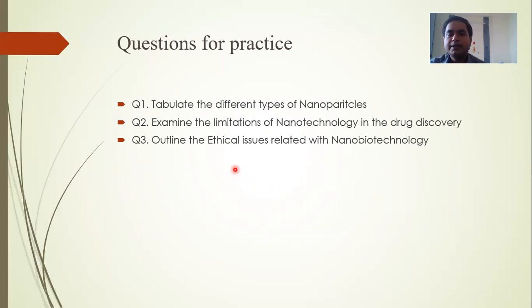So I am giving you some questions for your practice. I suppose that you should work on these questions at home, explore them by searching the internet, Google, and you can also read several research papers and review papers for answering these questions. So the first question is: tabulate the different types of nanoparticle.